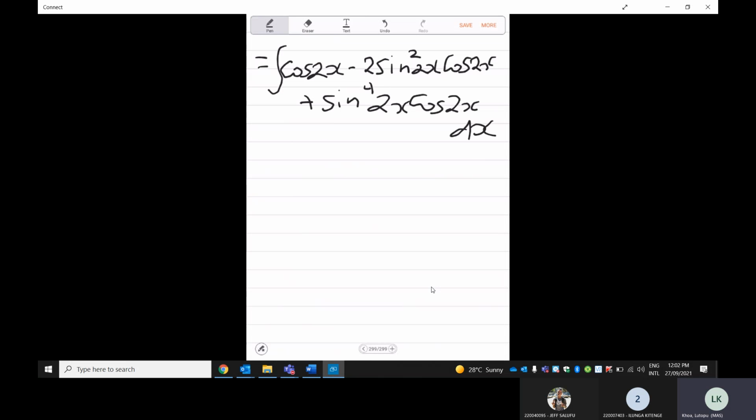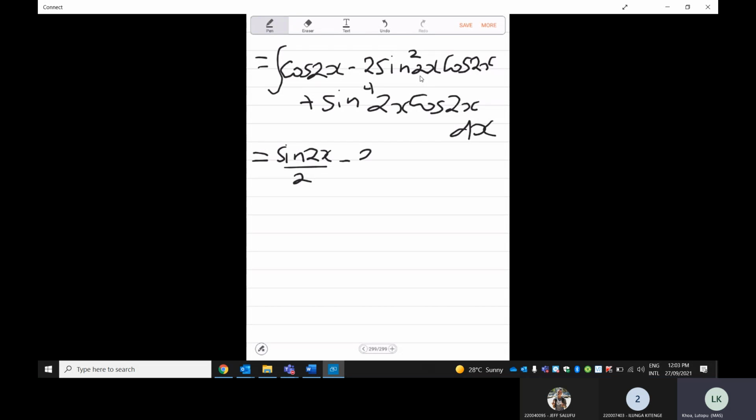This is all with respect to x. So we say the integral of cos 2x, this is sine of 2x divided by 2. Then here, this is just sine to the power of 3 divided by 3. We still keep the 2 there because this cos 2x is the derivative of sine 2x.